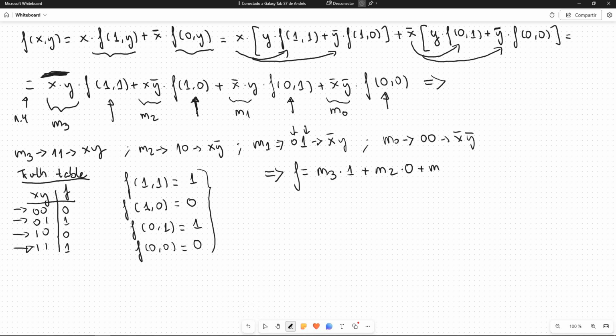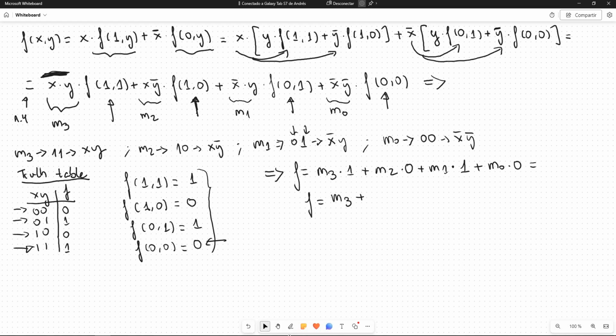Plus min term 1 that is multiplied by 1, and finally min term 0 that is multiplied by 0. So if we continue developing the function, something multiplied by 1 is the same thing, and something multiplied by 0 is 0.